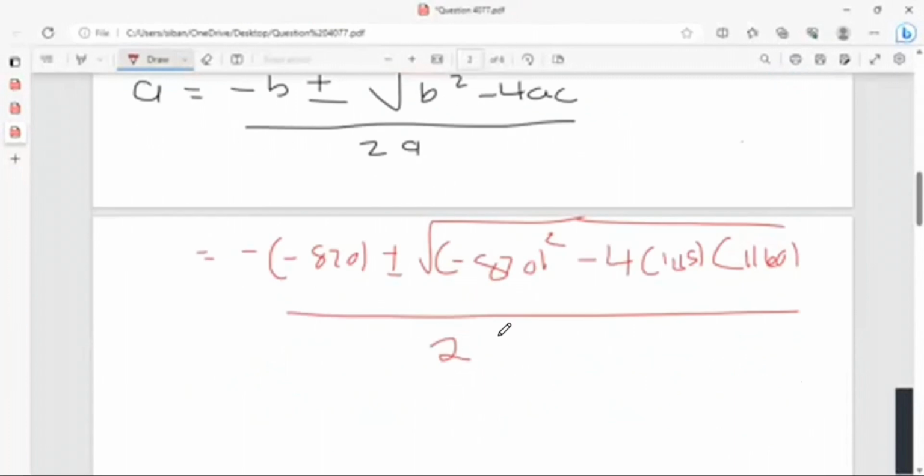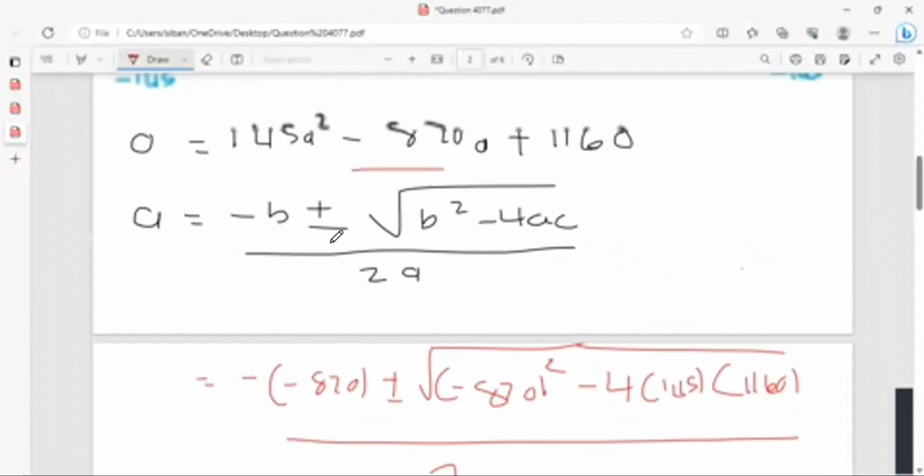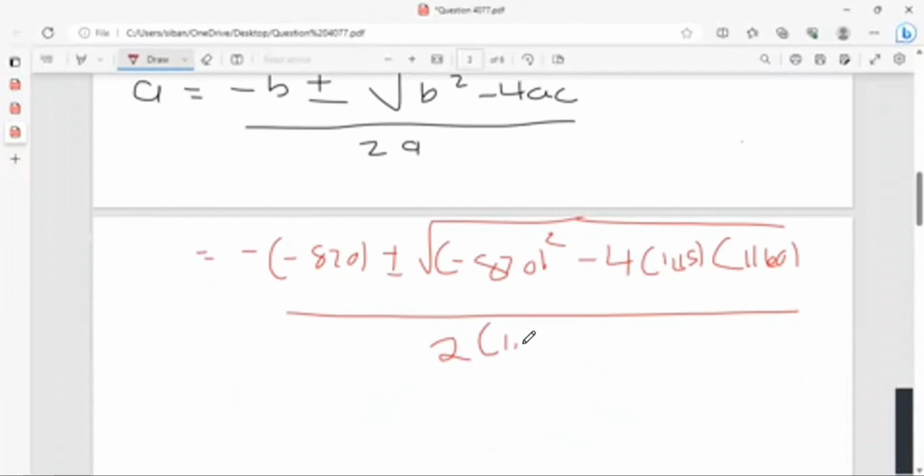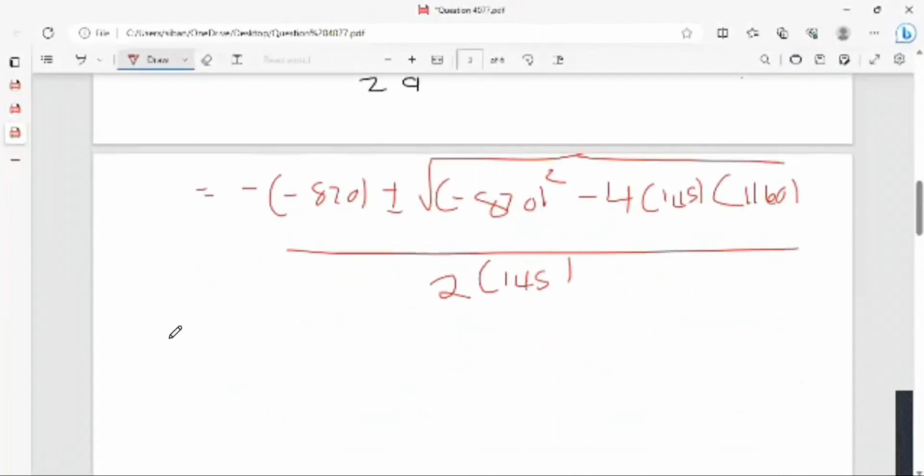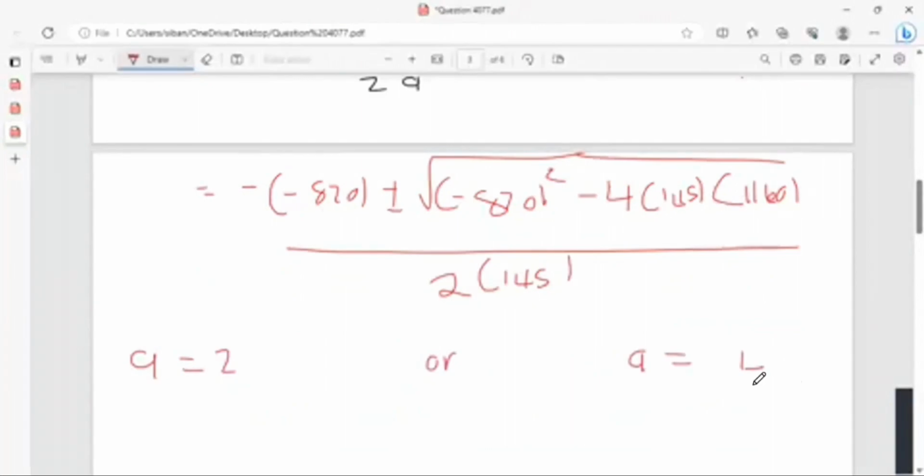I will divide that by 2 times a, which is 145. If I put these values in my calculator, I will get that a is either equal to 2 or a is equal to 4.